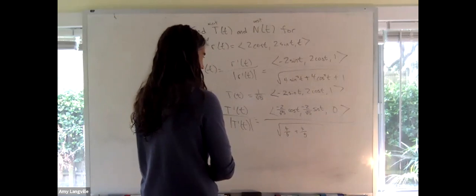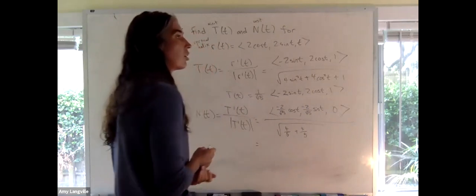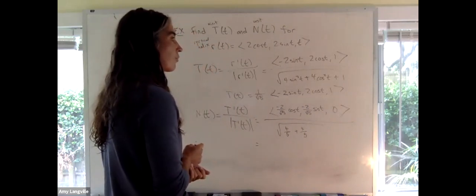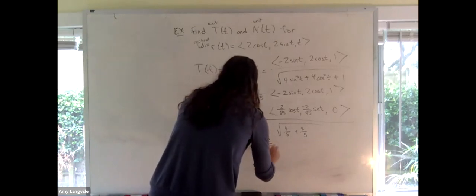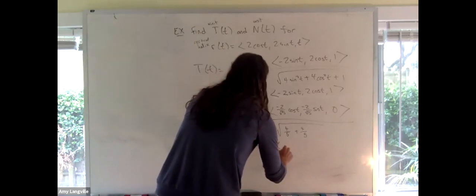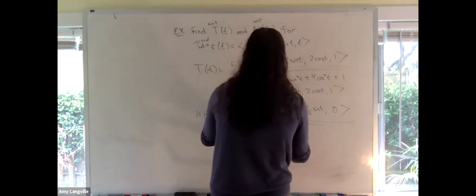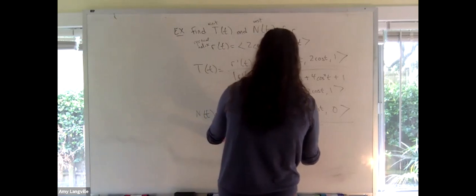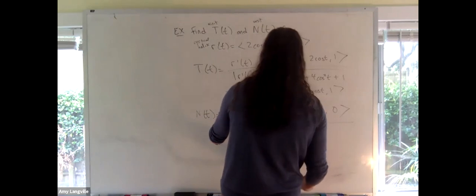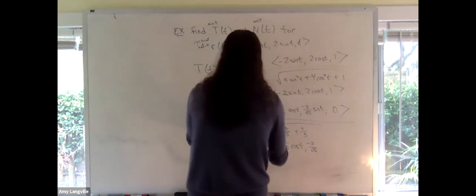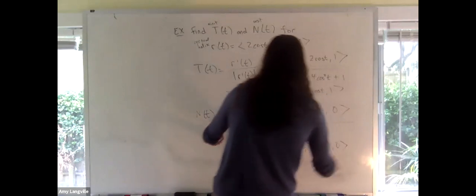So 8/5 square root. So this becomes, what is that, 2 square root of 2 over 5 times this vector, minus 2 square root of 5 cosine t, minus 2 square root of 5 sine t, 0.